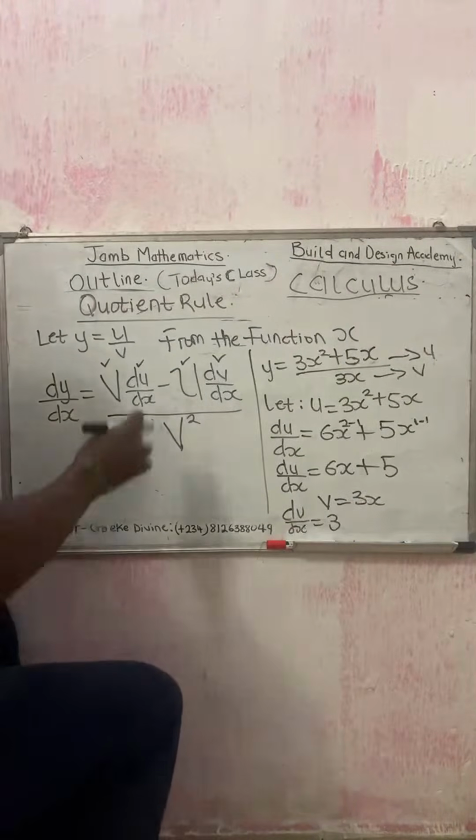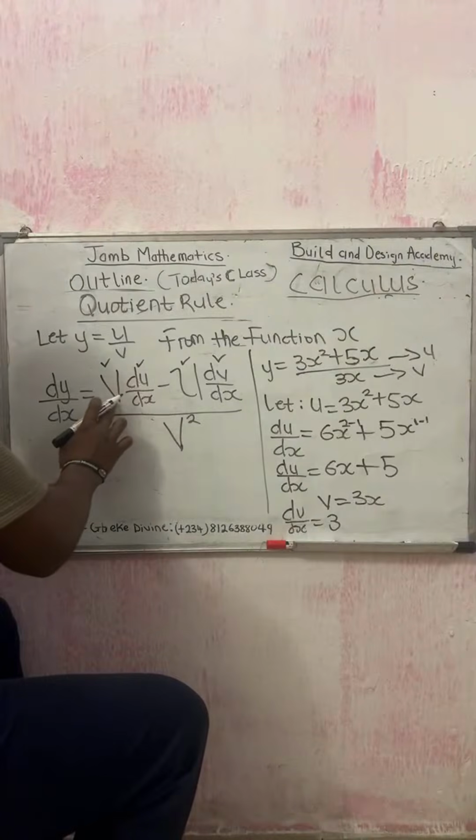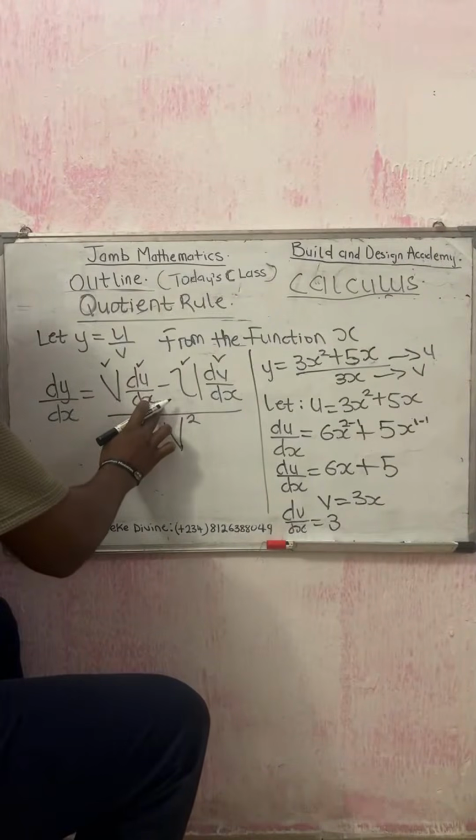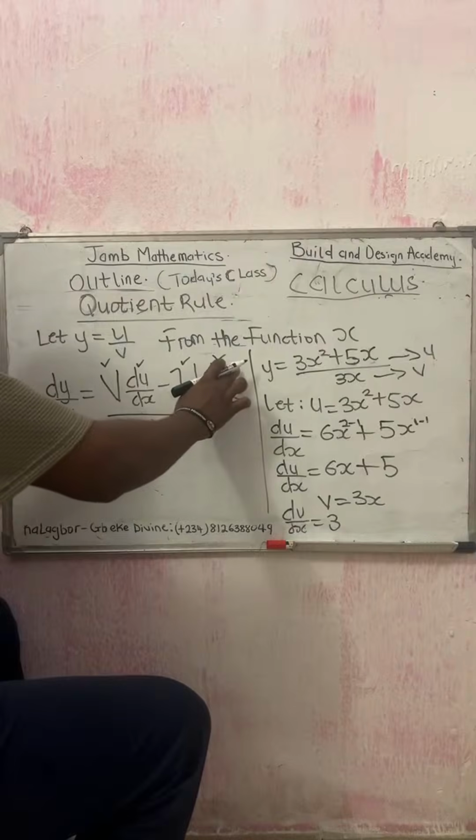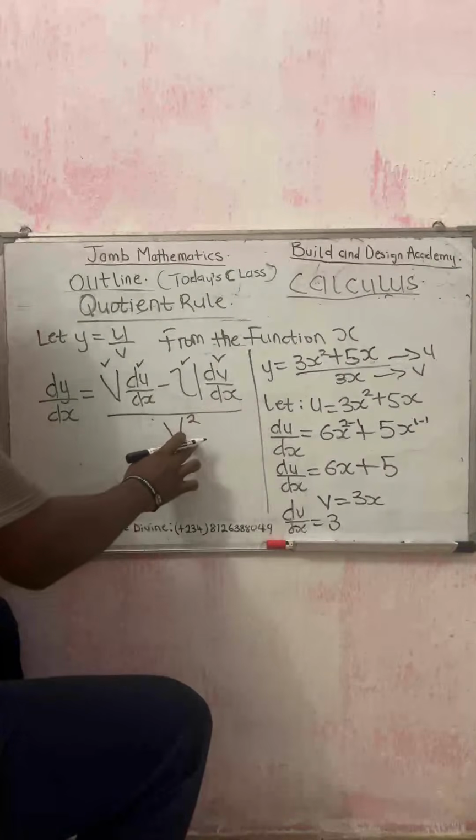So now we have u, we have v, we have du over dx, we have dv over dx.